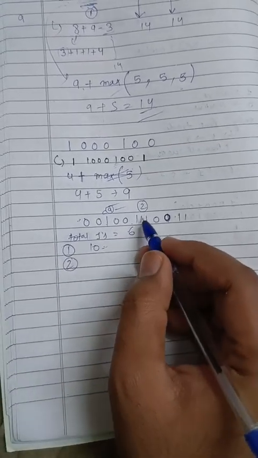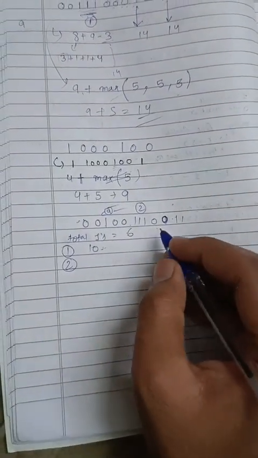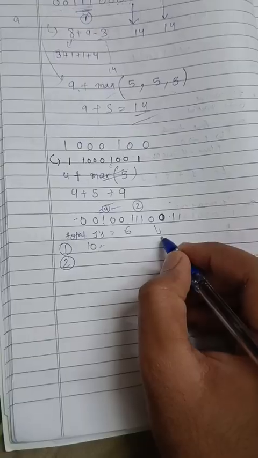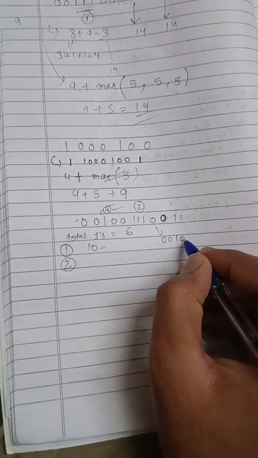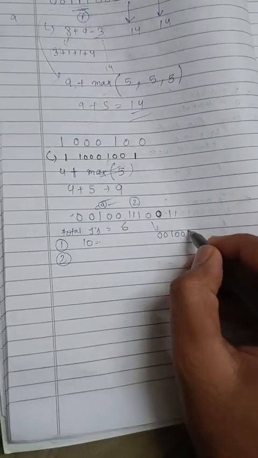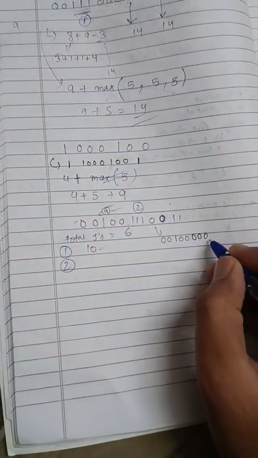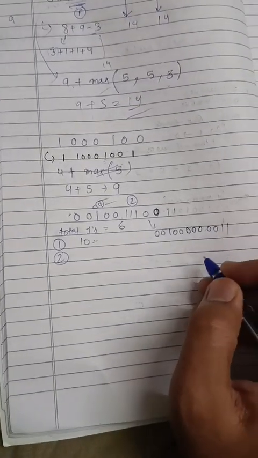If I take the second one, what will it be like? It will be like 0 0 1 0 0. This will be converted to 0, so 0 0 0, then again 0 0 1 1.